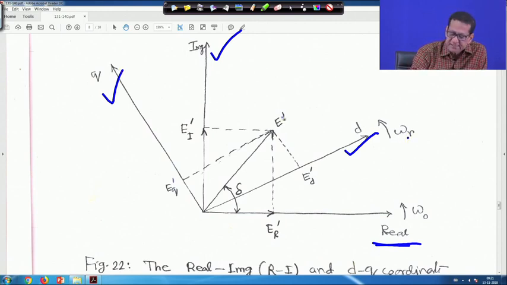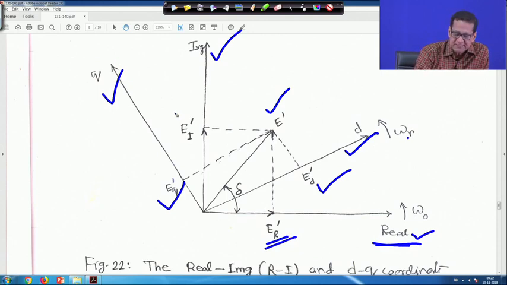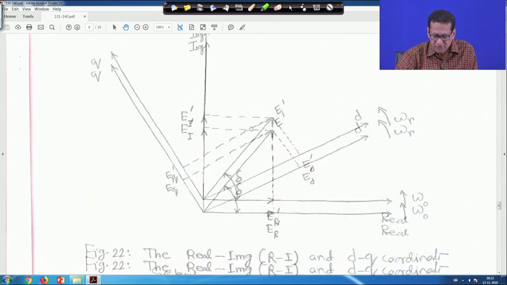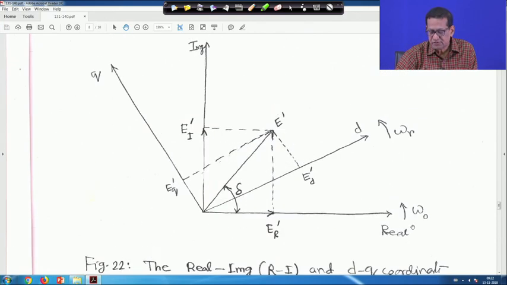Now, this is E dash; its component on the d axis is capital E d dash, its component on the q axis is capital E q dash, its component on the real axis is capital E r dash, and its component on the imaginary axis is capital E I dash. This angle is delta. So, both coordinate systems are shown, real and imaginary as well as d and q.